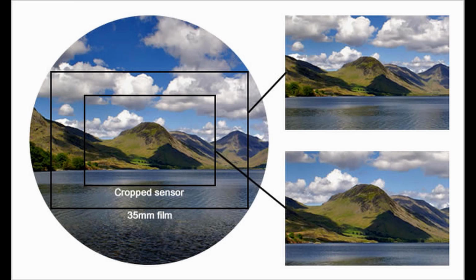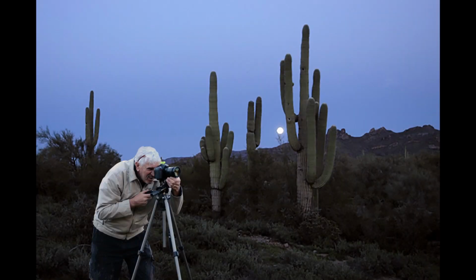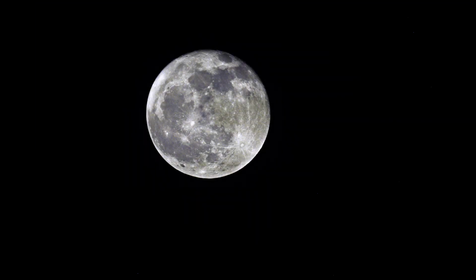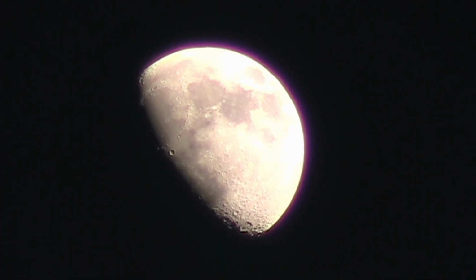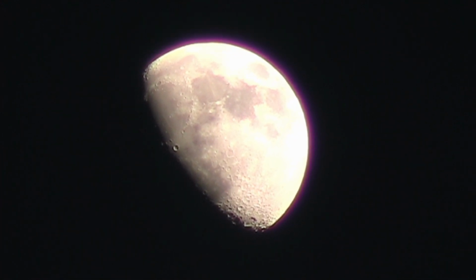So we set our camera up to shoot the moon. We put the camera on a tripod. We focus the camera. And now the shutter speed is crucial because the moon is moving a lot faster than what people think.